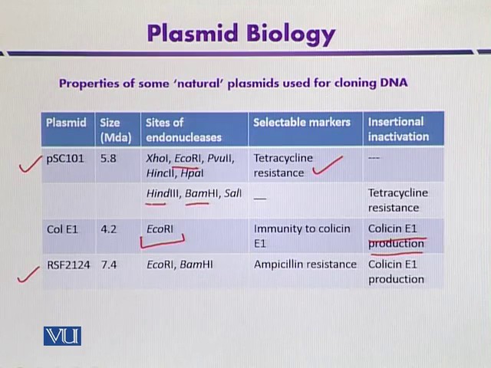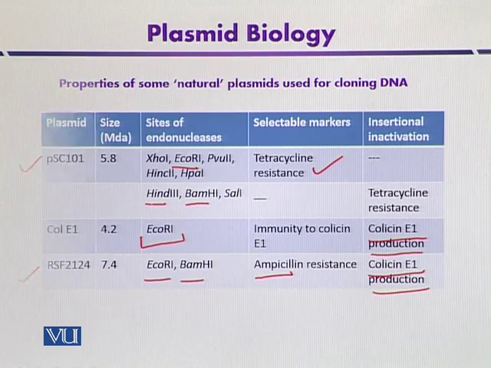It carries restriction sites for EcoRI and BamHI, and it contains an additional transposon that can mediate ampicillin resistance, and at the same time colicin E1 production is there. When foreign DNA is inserted within the gene that encodes colicin E1, it becomes inactivated so that the cell will become sensitive to colicin E1, which will act as a selectable marker.